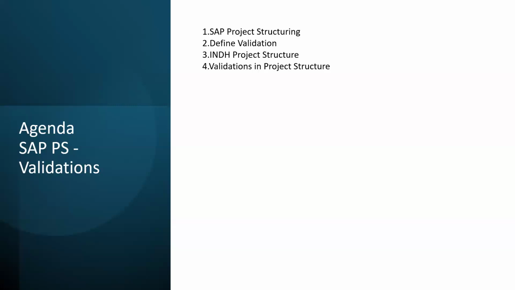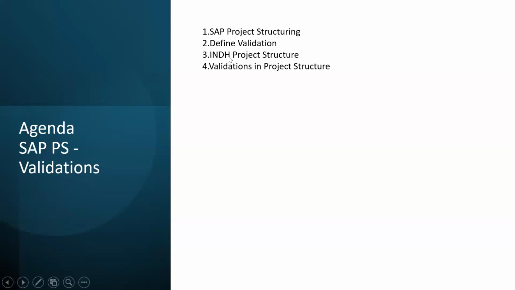Similarly, here also, while creating the project structure, they have to enter the first four characters as INDH. We already validate those first four characters using the project length, and we are already validating special characters using the coding mask. But on top of it, I want to write some validations at the WBS level also.